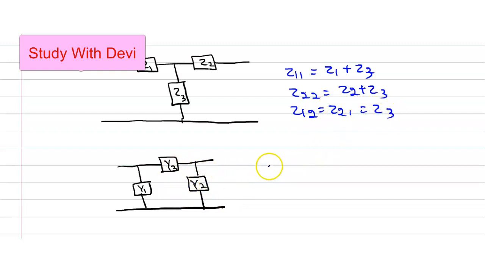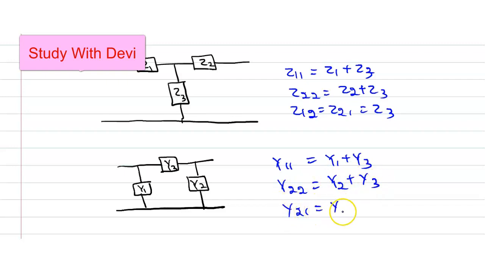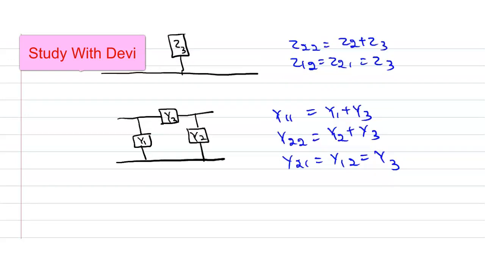Similarly in Y parameter, here Y11 equal to Y1 plus Y3, Y22 equal to Y2 plus Y3, Y21 equal to Y12 equal to Y3.